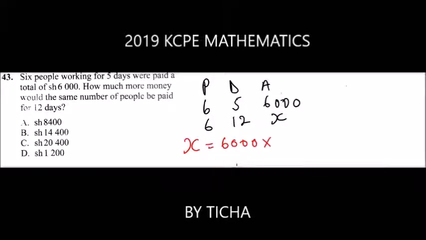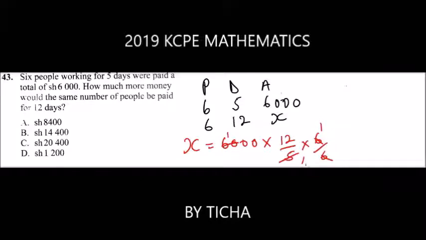When you increase the number of days, it means that the amount increase with the same ratio. So we say it is 12/5 multiplied by the number of people remain the same. So that is the same as multiplying by 1. Here you can divide by 5, you get 1.